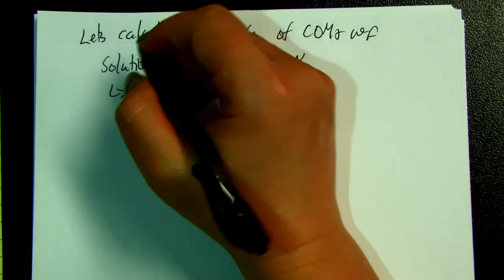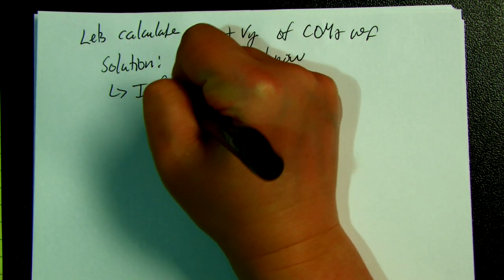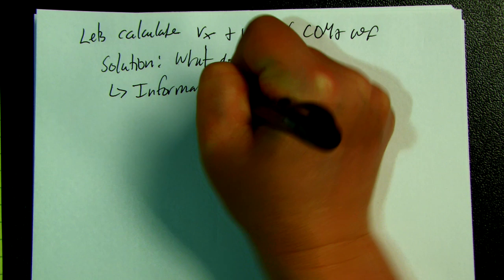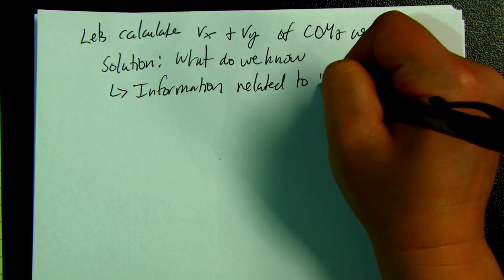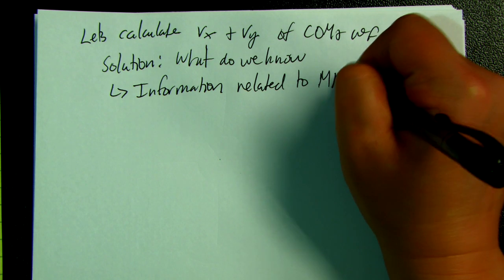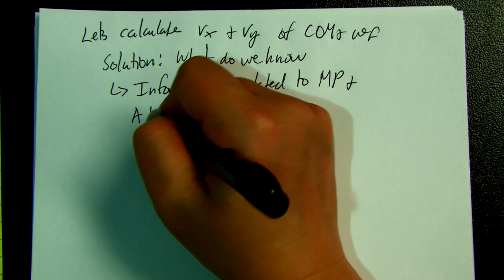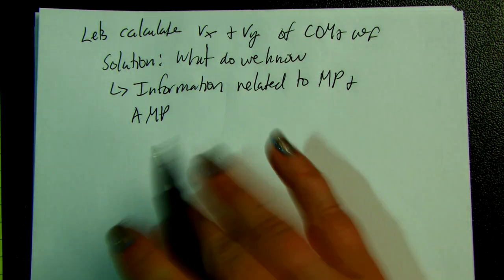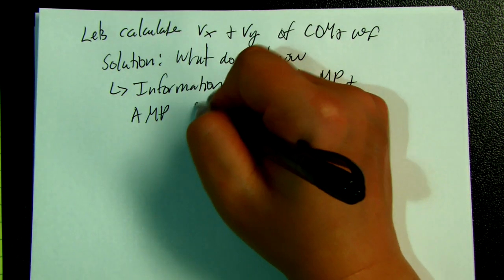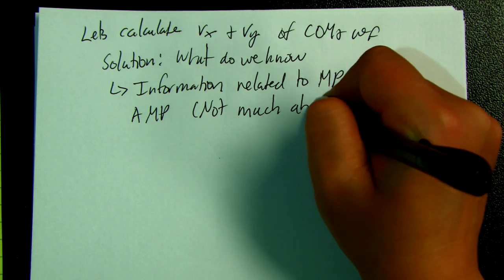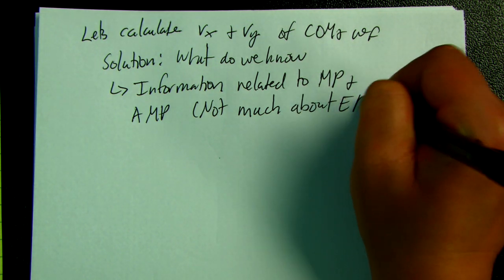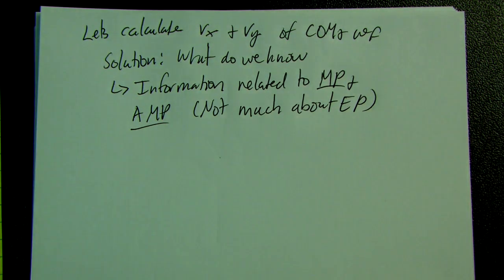Okay, so we have information related to the momentum principle and the angular momentum principle. Remember, these abbreviations are just mine. So really not much about the energy principle. So these are going to be the two we're going to use.